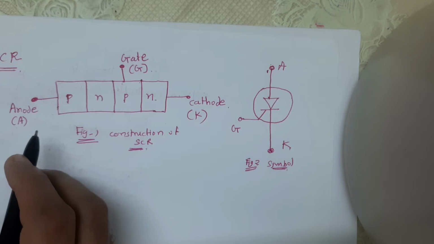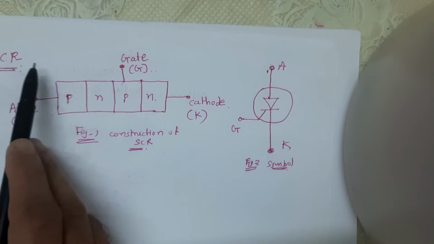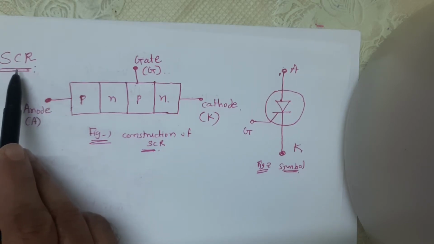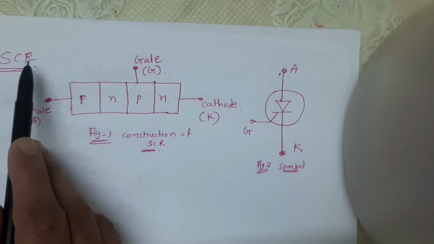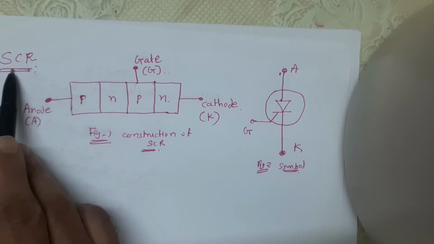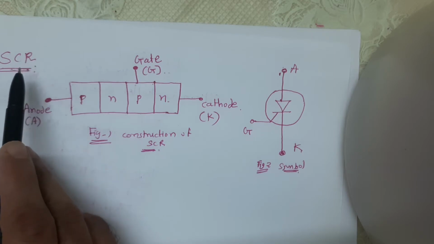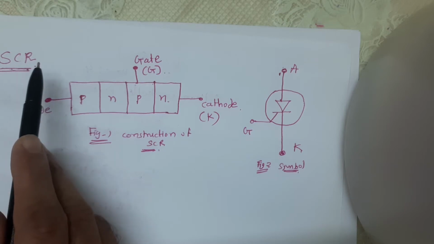The device is made of silicon because leakage current in silicon is very small compared to germanium. Since the device is used as a switch, it will carry leakage current in the off condition, which should be as small as possible. So we use silicon instead of germanium. There is no germanium controlled rectifier.